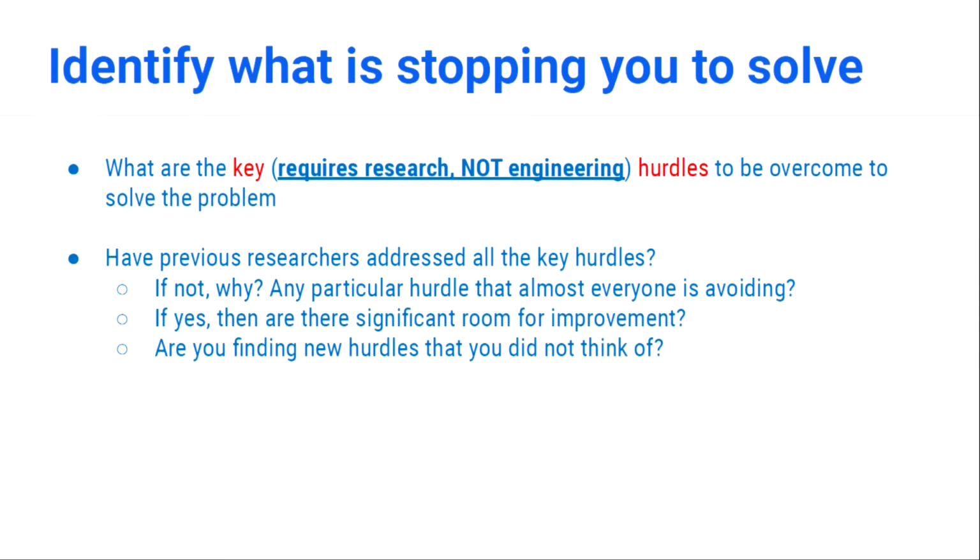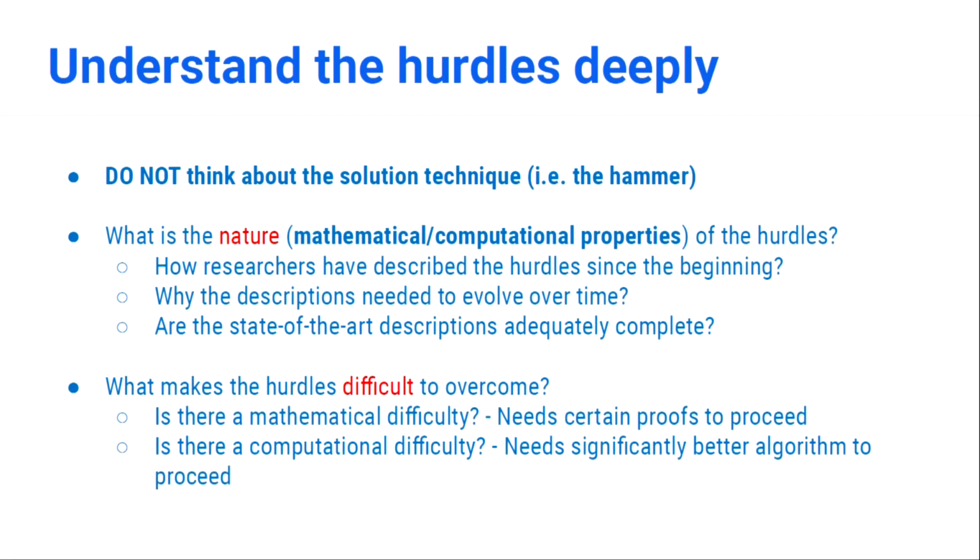So after that, if you think that everything is all okay and fine, then you need to figure out how they have described the hurdles. What makes that problem difficult? Intrinsically difficult to solve. What is that property? Whether it is a mathematical property or a computational property. Maybe there's an intractable issue somewhere. Maybe you need a nice approximation algorithm to make it tractable, right? Maybe it's an accuracy issue, right?